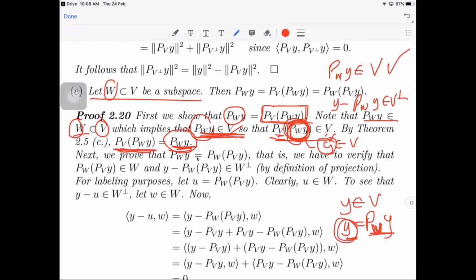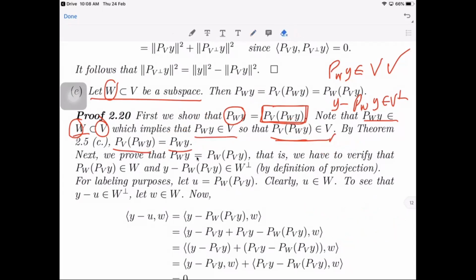So, first comes Y. Our Y here, the projection of Y onto W, is actually equal to the projection of the projection of Y onto W onto V. So, this is what it is saying. Okay?